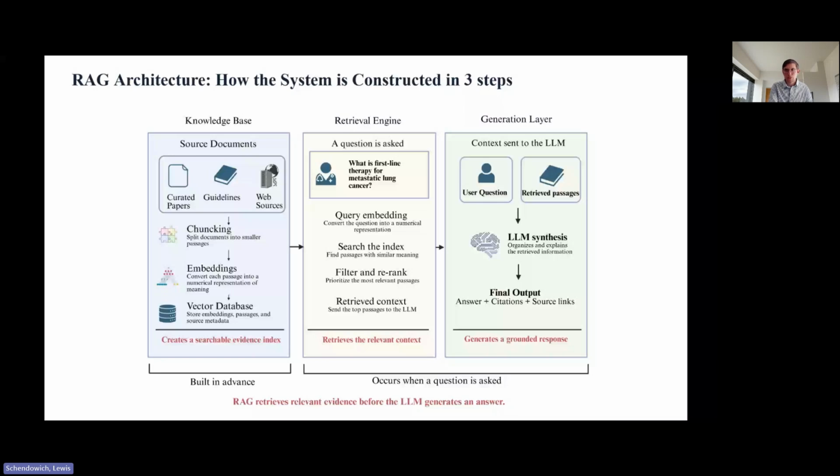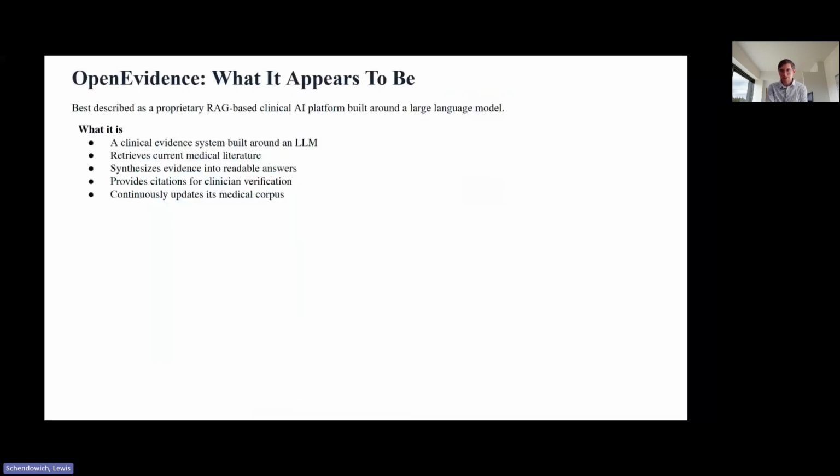Let's go into OpenEvidence a little bit further. A lot of what OpenEvidence does is hidden. It's proprietary, but from the best description I could find online, it is a RAG-based clinical AI platform built around an LLM.